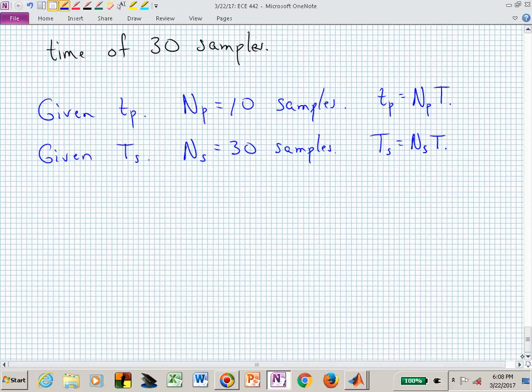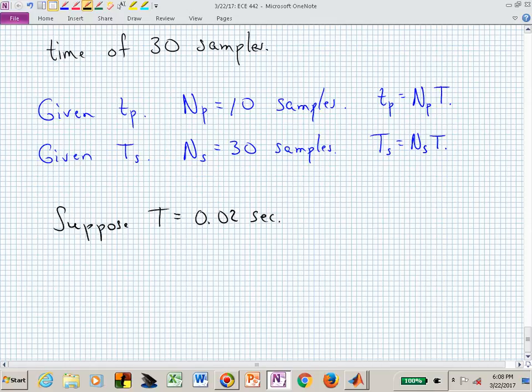Not that we need to do that, but let's just pick something so that you're thinking about values. Let's just suppose T was equal to 0.02 seconds, or 20 milliseconds. That's how fast we were sampling, just as an example.